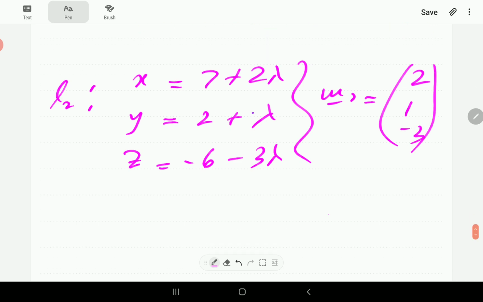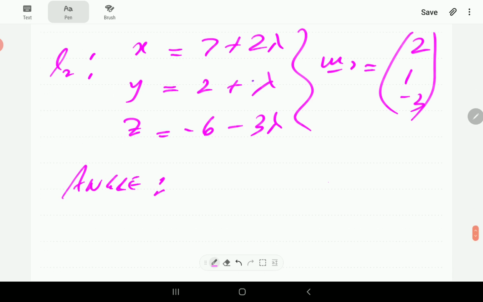So for the angle between the lines, because the lines may not intersect anyway if they are skew, but they're still going to make an angle, we use the dot product.